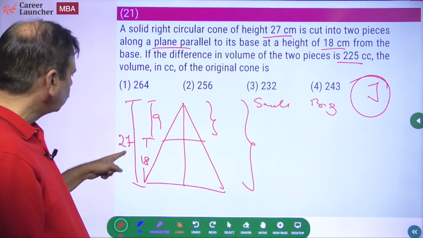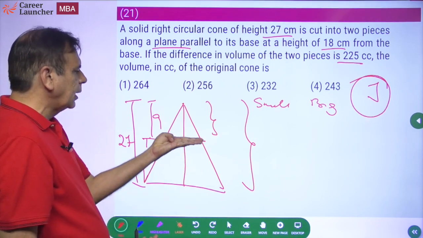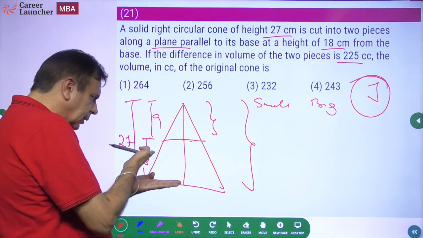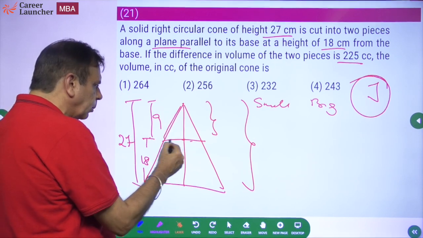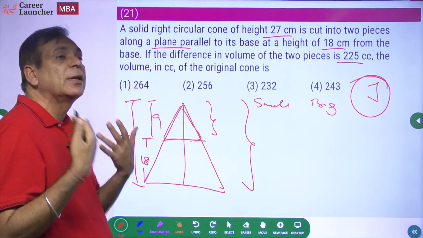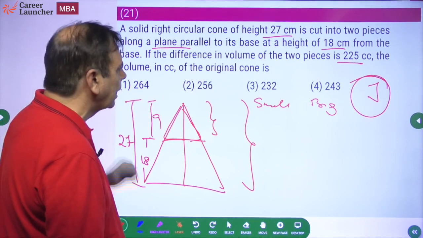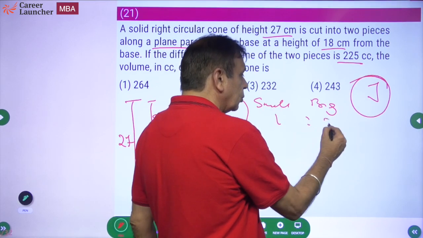It is 9:27 because this is a cone. So if I keep on cutting it from here, the radius of the base will also reduce. So with respect to the small cone and the big cone, all dimensions will be in the same ratio. So the small cone has a height of 9, big cone has a height of 27. So the ratio of sides is 9:27 or 1:3.